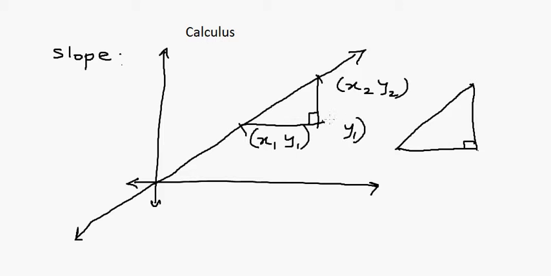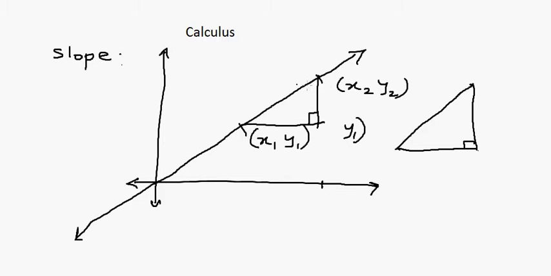And what about the x coordinate? The x coordinate is this horizontal distance. What's the distance from here to here? The distance is x2, because the distance of this point from the y-axis is the x coordinate.